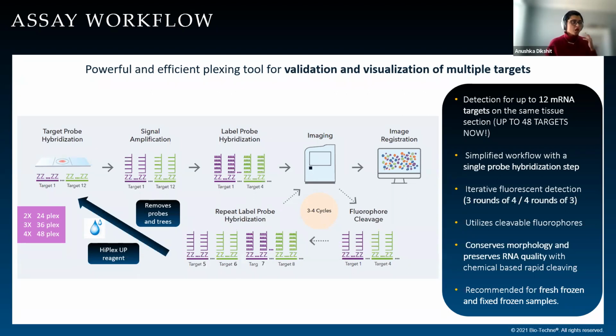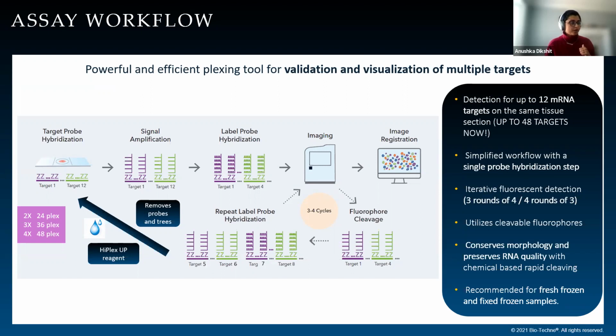So internally, we have validated this assay and showed that it does not have any impact on tissue or RNA quality, because we use this chemical cleaving reagent for removing the fluorophores, which is extremely safe and does not damage the tissue or RNA, and conserves your tissue quality.